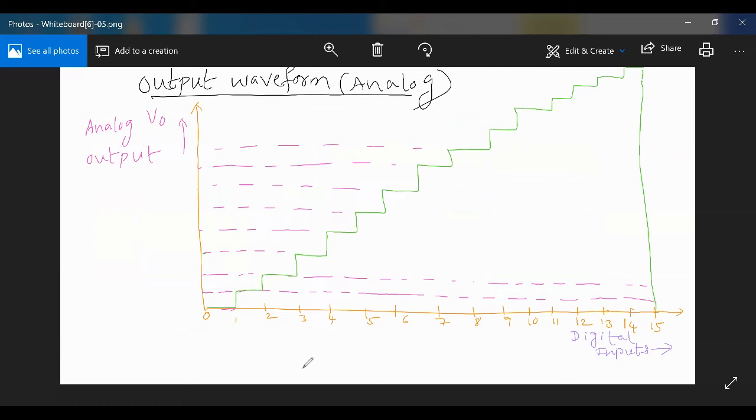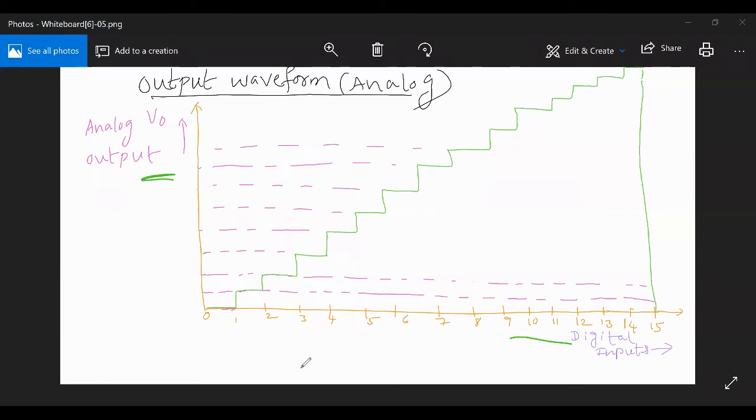See, the x-axis is digital inputs, and the y-axis is analog output V0, and for 1 say 0.31, for 2 0.62, for 3 0.9 something, like this. The steps keep on adding with the sequential digital inputs. Therefore we have got a staircase type waveform.